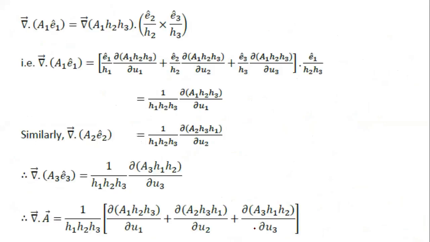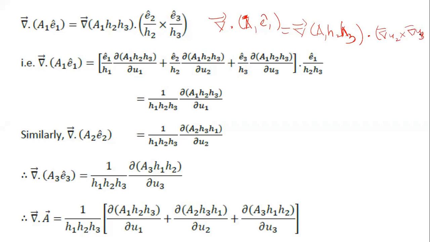So here what we had was divergence of A1 e1 cap is equal to gradient of A1 h2 h3 dot grad of u2 cross grad of u3.